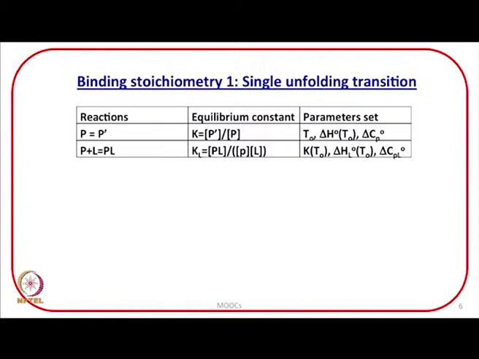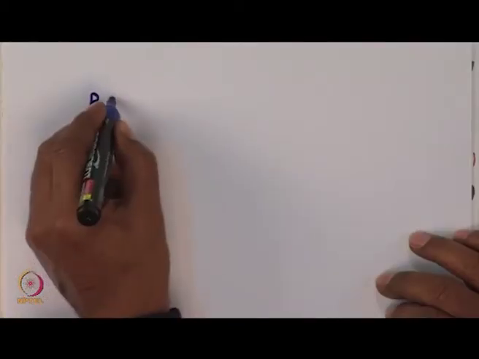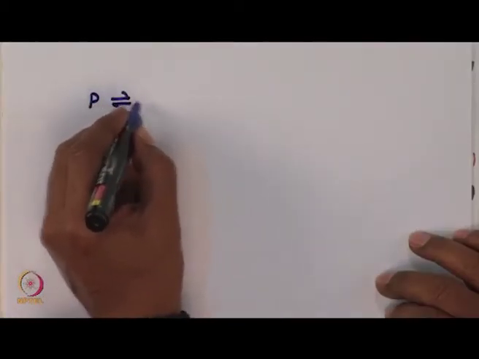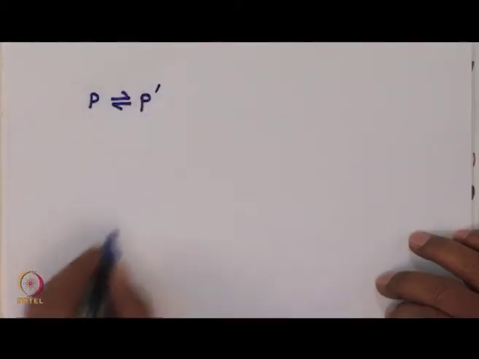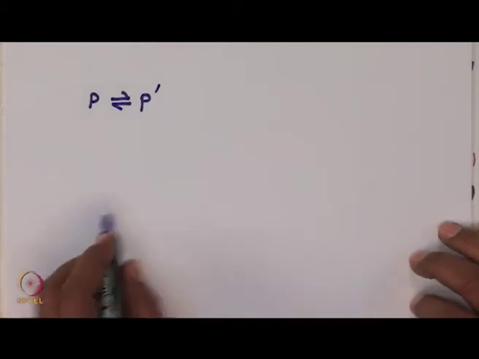So now let us start one by one with the equations. The first equation that we are talking about is P in equilibrium with P prime. P prime is the denatured state.